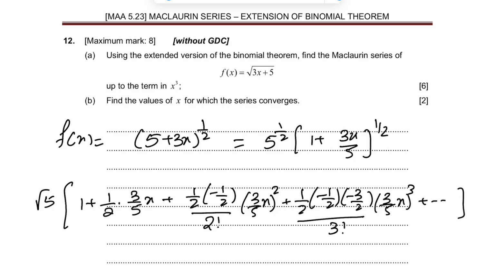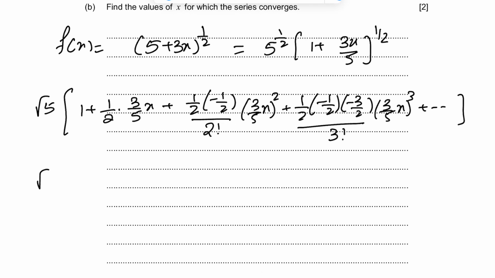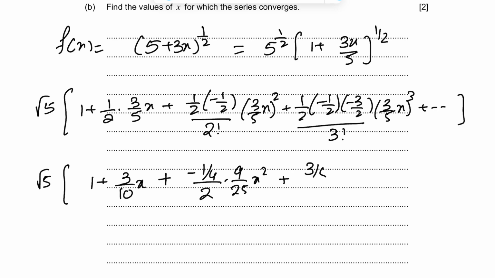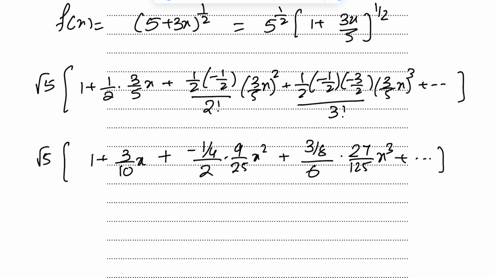So it becomes square root 5 times 1 plus 3 upon 10 x, then plus minus 1 upon 4 upon 2 times 9 upon 25 x squared plus 3 upon 8 upon 6 times 27 upon 125 x cubed and so on. So simplify that.